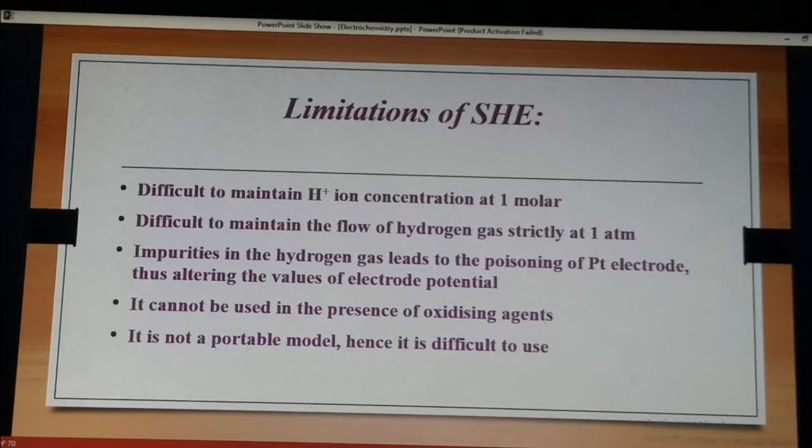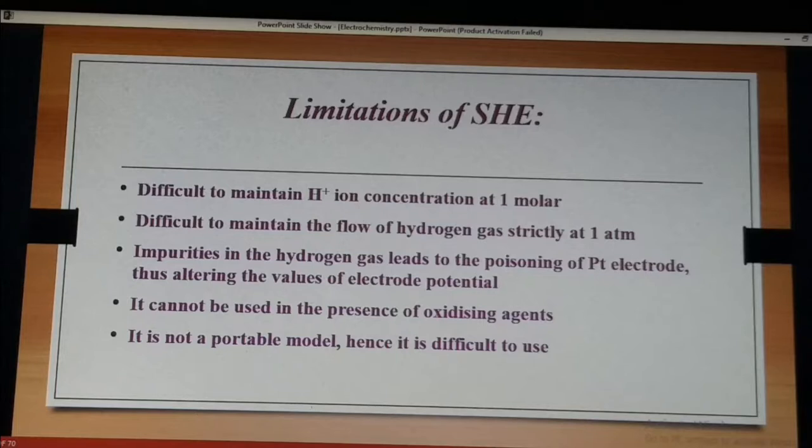Also, this electrode cannot be used in the presence of oxidizing agents. Also, we can see from the figure itself that this is not at all a portable model. Therefore, we can say that it is very difficult to use it in the laboratories or in common use.